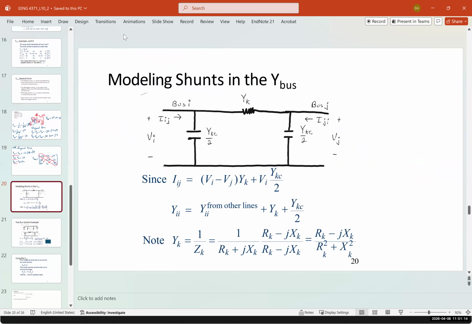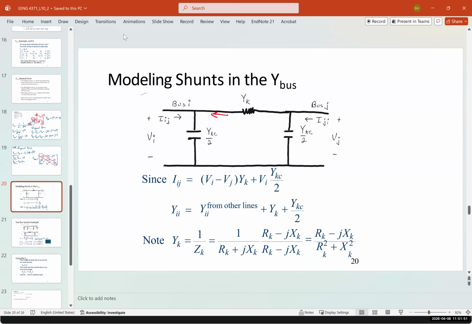Now, this is an example of modeling shunts in the Y bus. Here we have bus I and bus J, and we have the connection to the ground. We have IIJ and IJI and YK in the middle, and YKC over 2 and YKC over 2, which are the admittances connected between the ground and bus I and the ground and bus J. Now, IIJ is equal to VI minus VJ times YK plus VI times YKC over 2, again using Kirchhoff's current law.